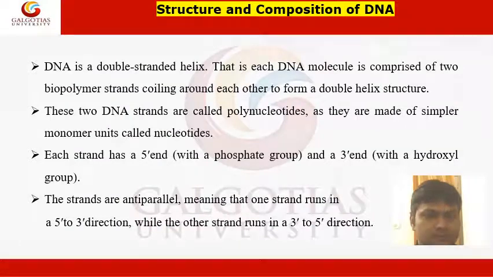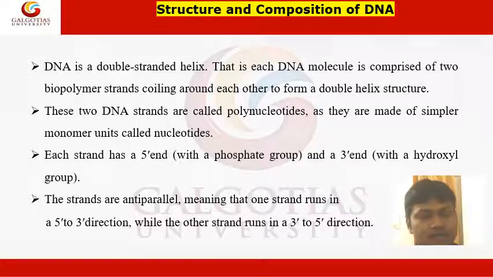Now the structure and the composition of the DNA. DNA is a double-stranded helix, that is, each DNA molecule is comprised of two biopolymer strands coiling around each other and forming a double helix structure. These two DNA strands are called polynucleotides as they are made up of simpler monomer units called nucleotides.